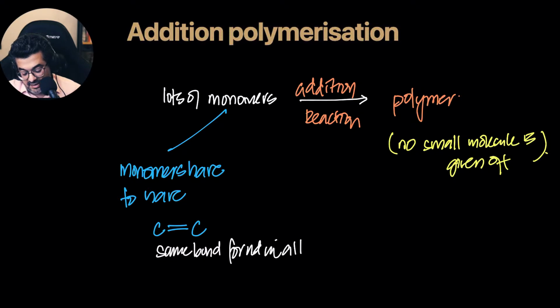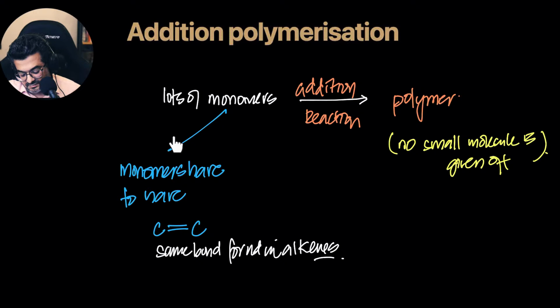The same bond is found in alkenes. And alkenes are very popular monomers for polymers, because other compounds can also have a carbon-carbon double bond, but alkenes also have it. You need that in the monomer, and lots of monomers, to make a polymer.